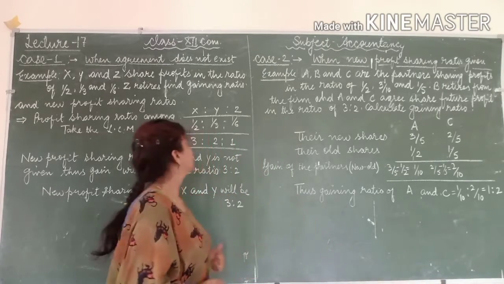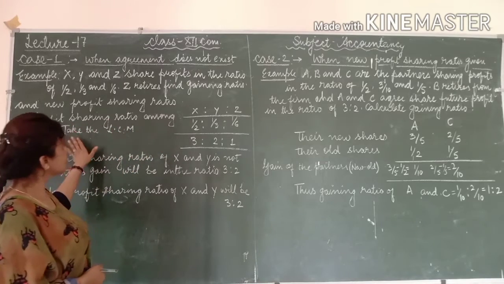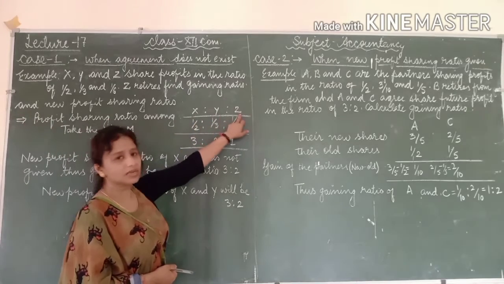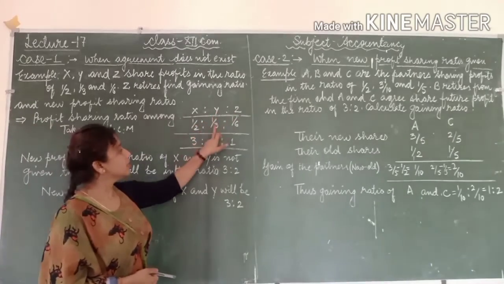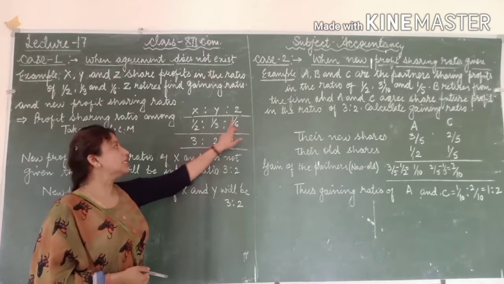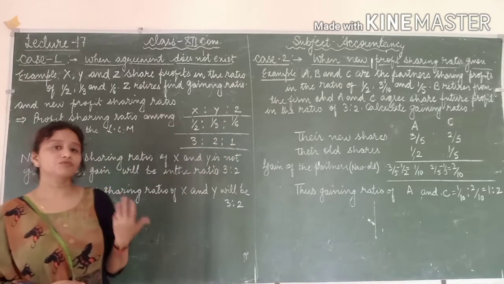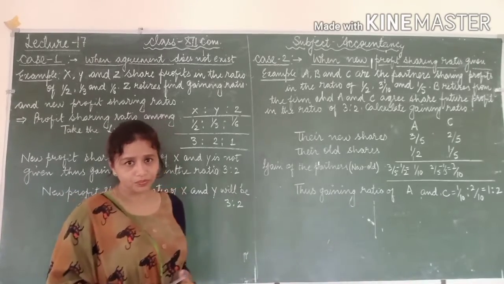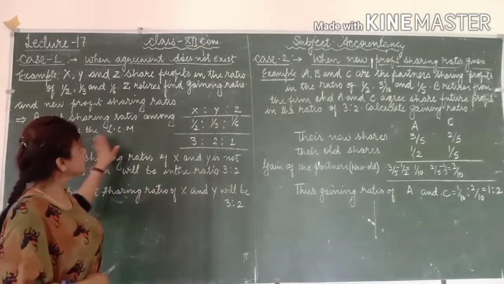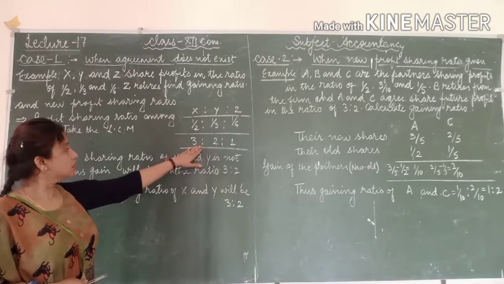Now see, the profit sharing ratio among X, Y and Z is 1/2 for X, 1/3 for Y and 1/6 for Z. It is given in fractions. You just have to convert these fractions into a ratio. How will you do it? Just take the LCM of the denominators and you will have the ratio form.